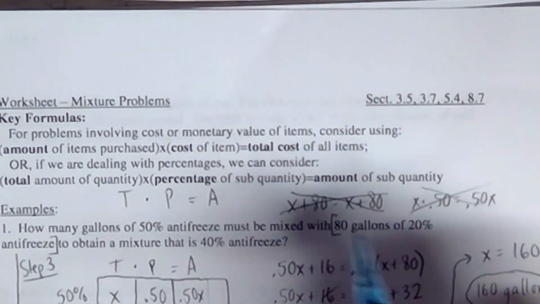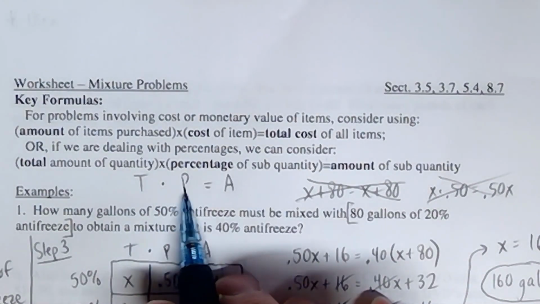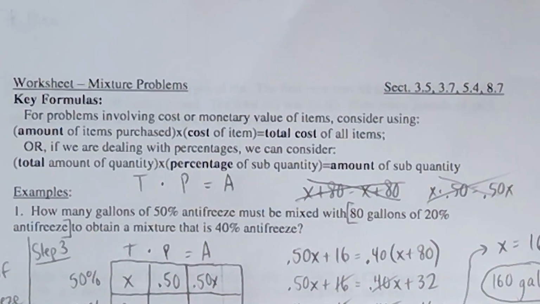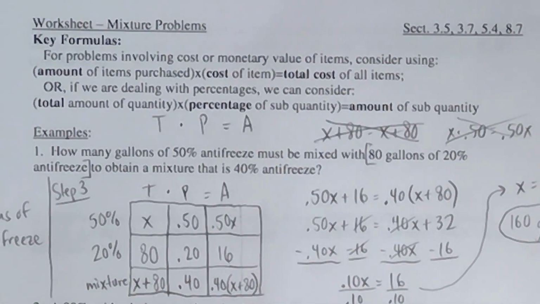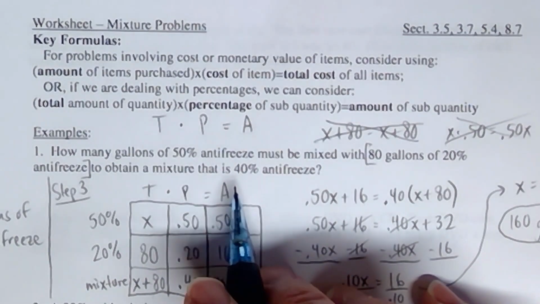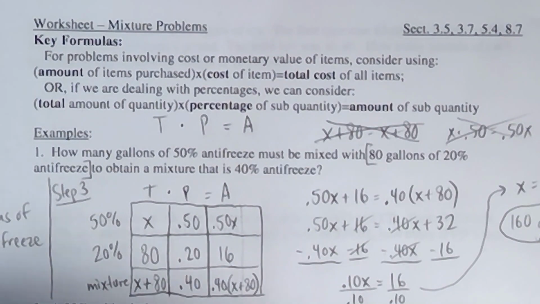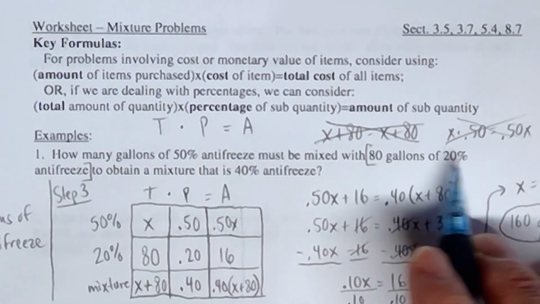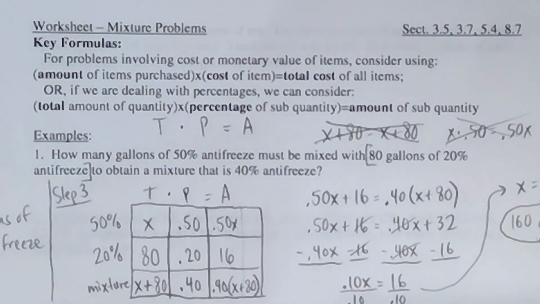And in the first part, we did a couple problems that involved this formula right here, TPA. That involved a mixture problem where we were mixing together two different things that had a percentage subquantity. Two different liquids, basically, where they had a little bit of, for example, maybe 50% antifreeze or 20% antifreeze, where the rest of the liquid was something else.